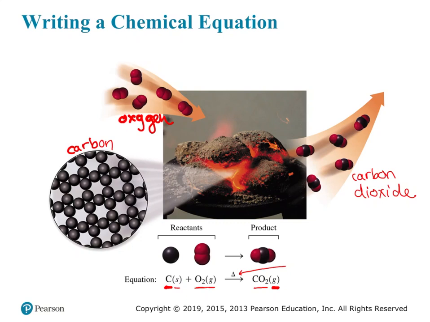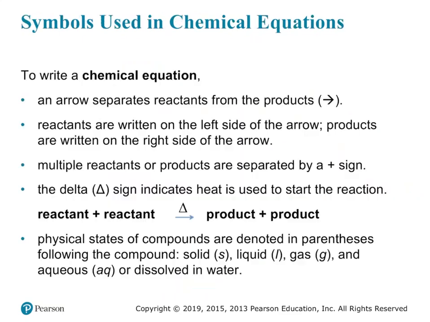But in this scenario, it actually means heat. So in order for this reaction to occur, we have to apply some heat. Okay. And then this slide just summarizes what we already went over. So we talked about how we use an arrow to separate reactants from products. And then we separate multiple reactants or multiple products with a plus sign.